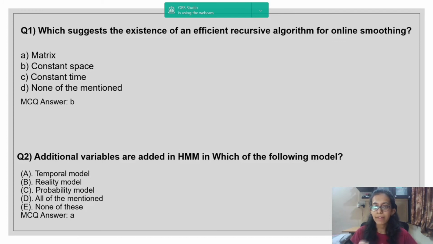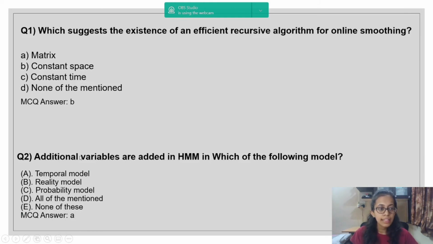Extremities are values way away or far apart from the data range, and removing them is called smoothing. Now, what this requires is for the data set to be the same. We have the options matrix, constant space, and constant time. Constant time and matrix cannot be used because the data may change over time, so the answer is constant space.